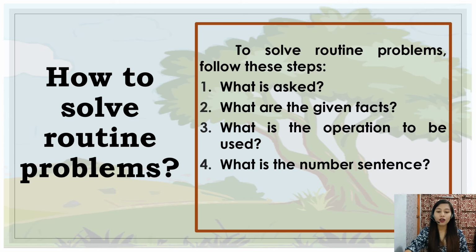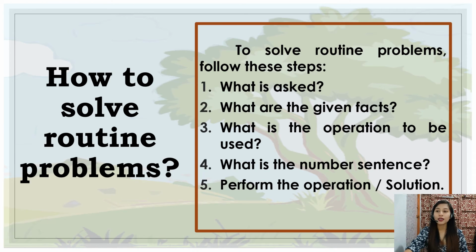Number four, what is the number sentence? Number five, perform the operation, or the solution, or the solving of the problem. And number six is to write your answer. These are the steps to follow in solving routine problems.